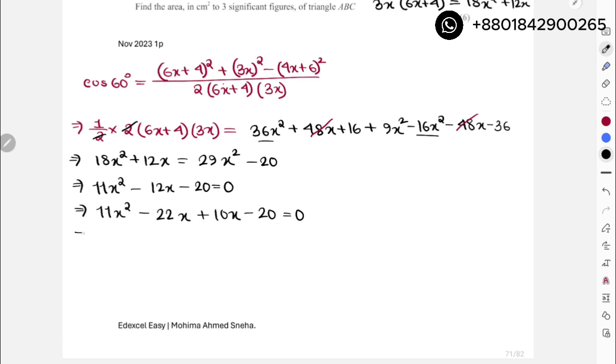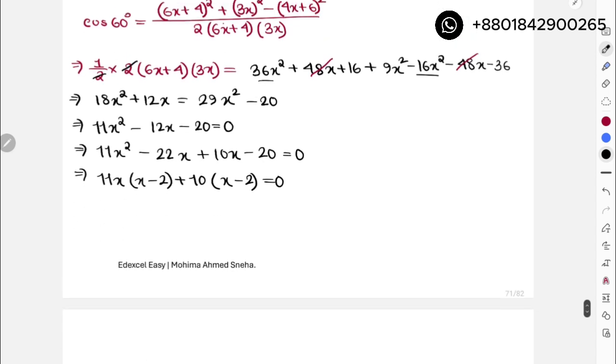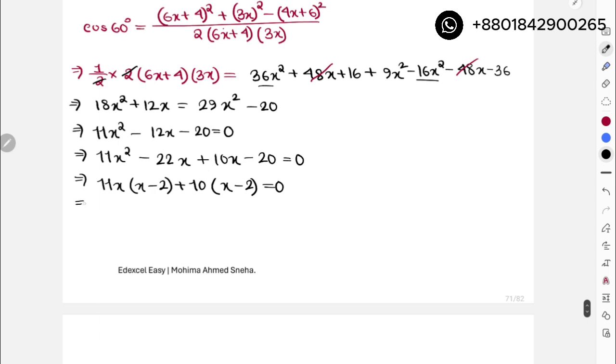This is supposed to be positive, and then 11x is going to give you x minus 2, and then again 10, that is going to restore your x minus 2 equals 0. And after that you get 11x plus 10 and x minus 2 equals to 0.